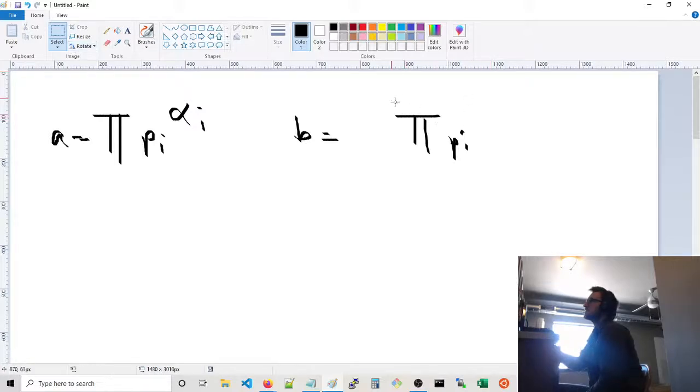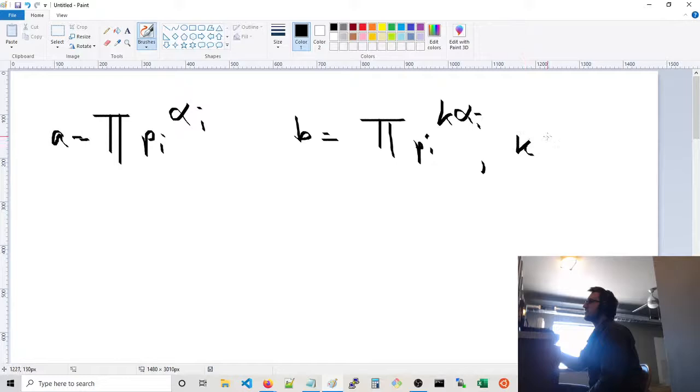Let's do it like this: k times alpha i equals beta i.